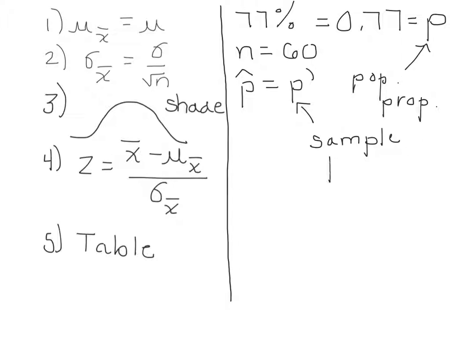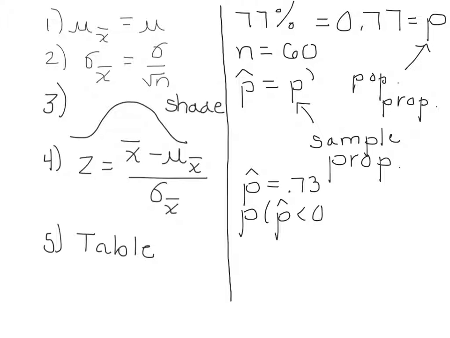So P is for the population proportion, P hat is for the sample proportion. It says, what is the probability that the sample proportion that survived for at least 3 years will be less than 73%? So they're saying P hat is 73% or 0.73. What is the probability that if we take a random sample of 60 patients, our P hat will be less than 0.73? That's the question being asked here.